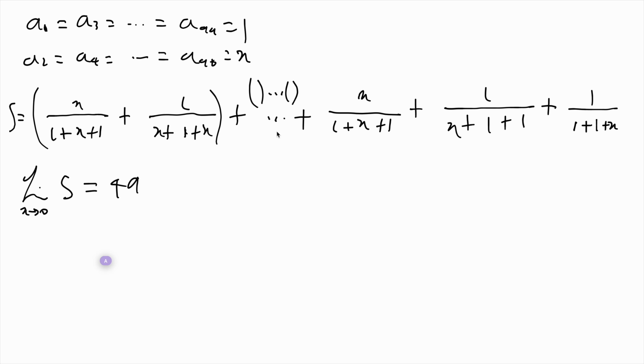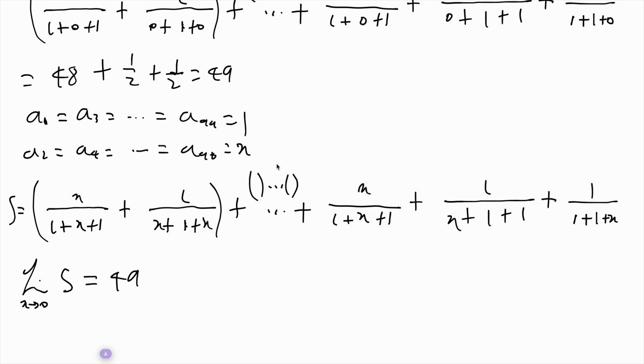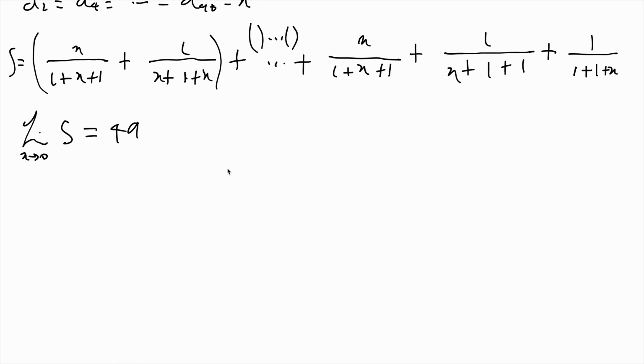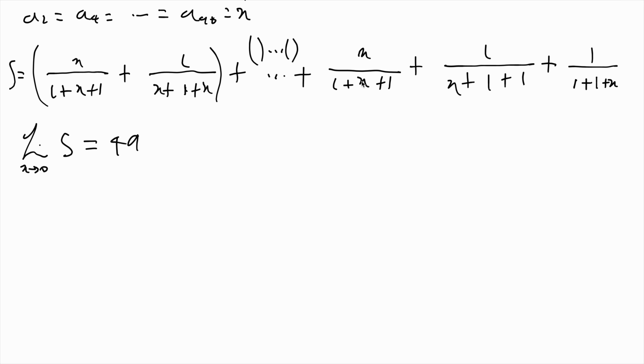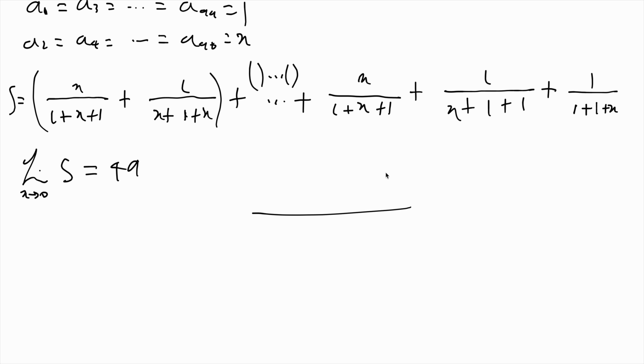How many 1s do we have? Wait, how many numbers do we have right now? 48 plus 1. That's 49. What? No. Okay, then maybe it looks like something like this. Yeah. Oh, I think this makes sense. I'm not sure. We have to graph them, but just by looking at it, this does make sense.